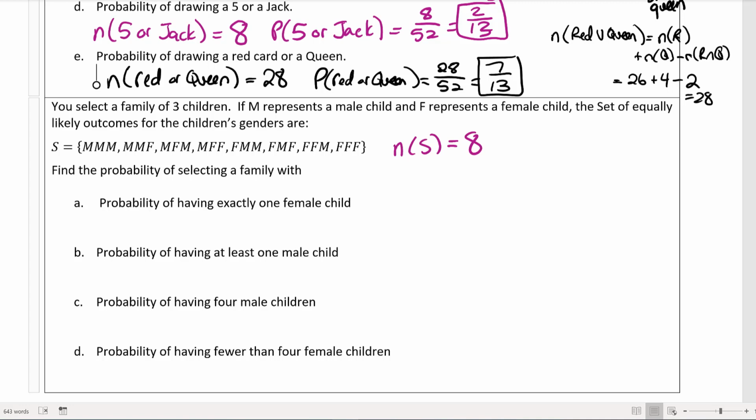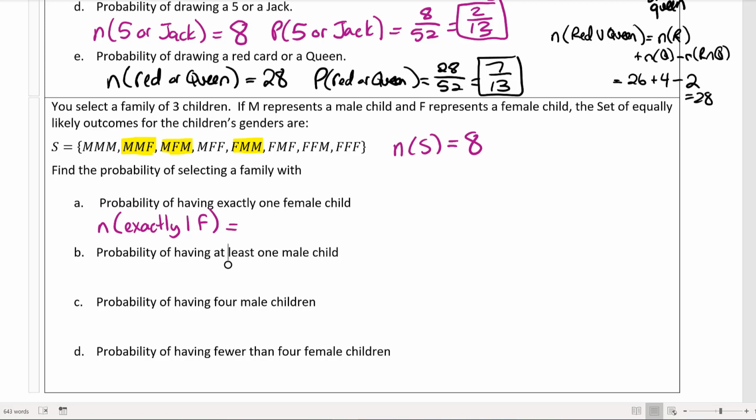So find the probability of selecting a family with A, exactly 1 female child. So what is the number of exactly 1 female? Well, MMF has 1 female, MFM has 1 female, and FMM also has 1 female. All of the other choices have either more or less than 1 female.